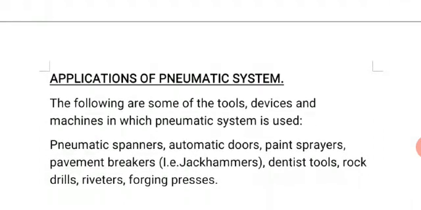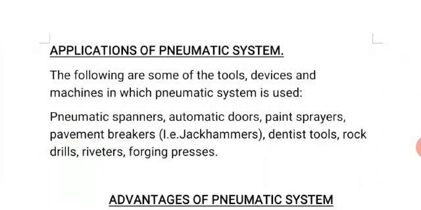Now the applications of pneumatic system. There are a lot of tools, devices, machines and some other things that use pneumatic system as their major application, but a few of them are just written here.